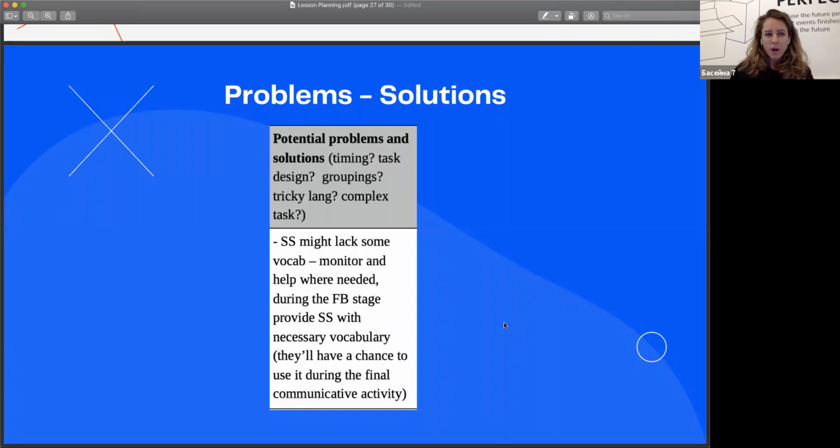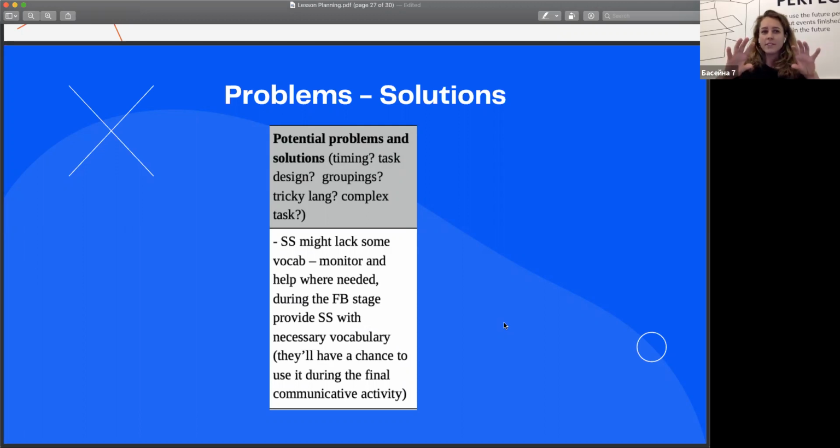I think one of the most popular and widespread problems is timing. What if I don't have enough time to conduct my communicative activity? Again, you can plan a solution. Okay, if after the drill I see that I don't have enough time to conduct the pronunciation stage and the communicative activity, I need to sacrifice something. What will we sacrifice?